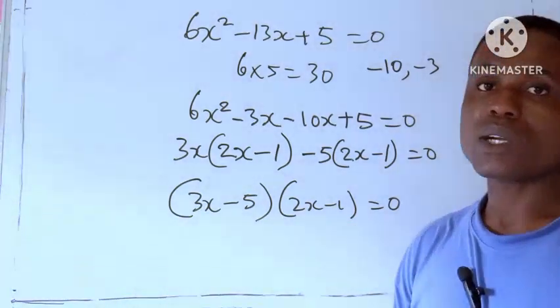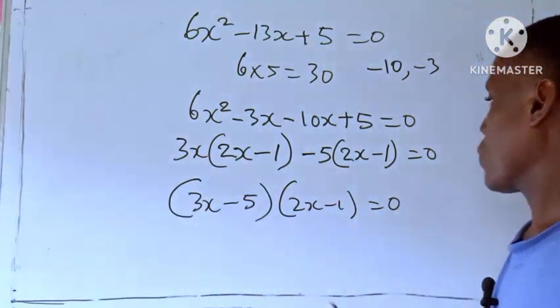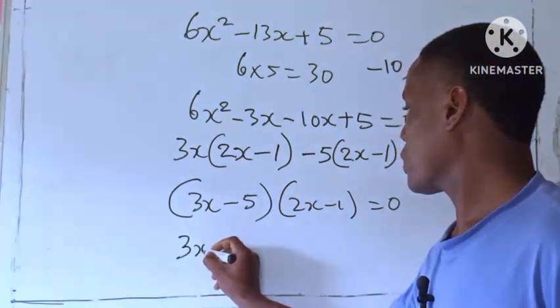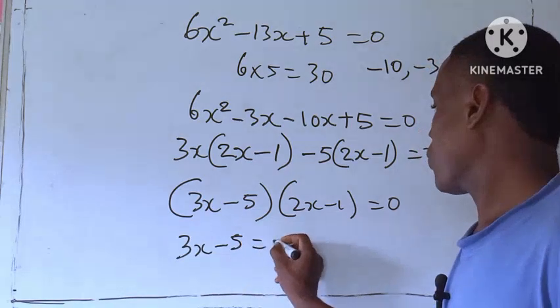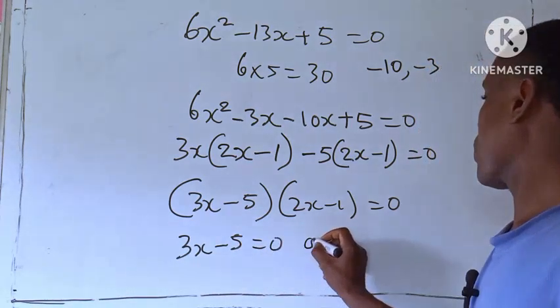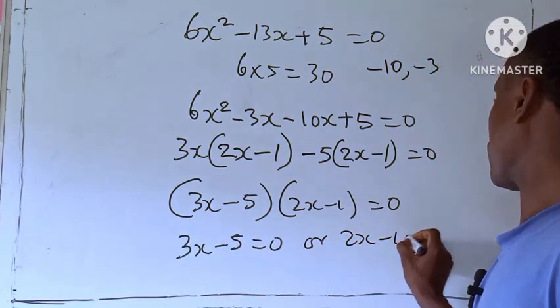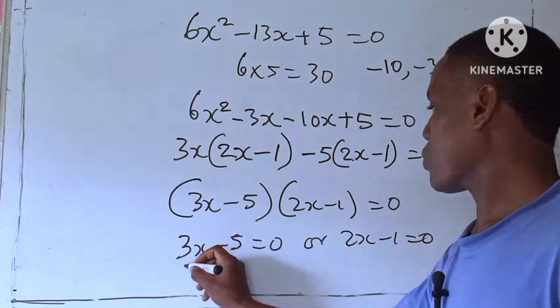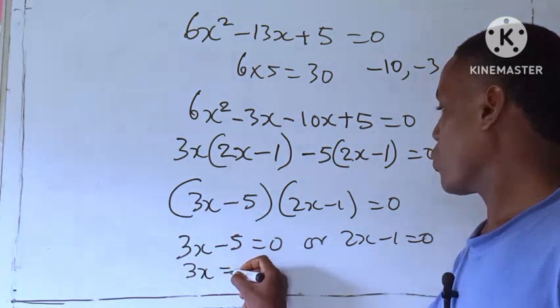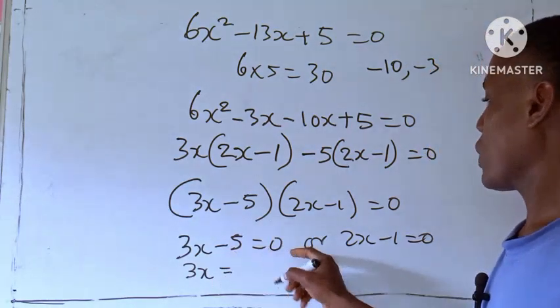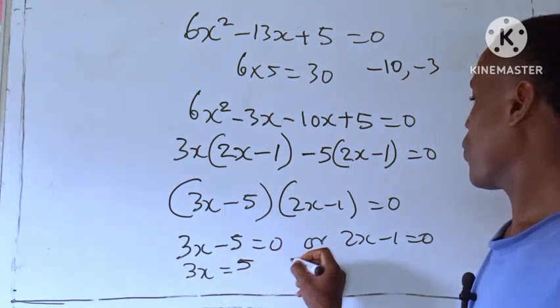You know, quadratic equations always come with two answers. So it will now be 3x minus 5 equals 0 or 2x minus 1 equals 0. So let's solve. 3x equals, if we move this one here, 5.